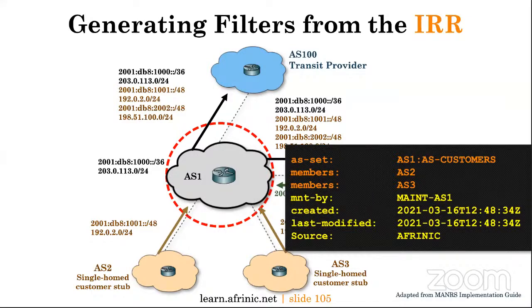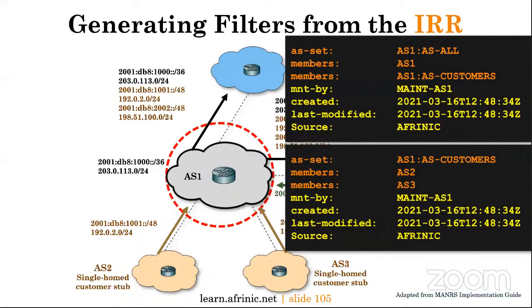Now, we also have a different AS set, because if you remember in the previous section, when I was announcing my routes to my transit provider, I announced my AS set for customers and my AS. But in this case, we create another AS set, which includes AS1 itself and the set of its customers. We register this in the routing registry.